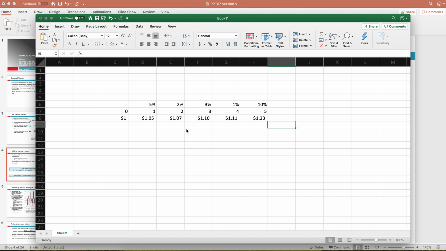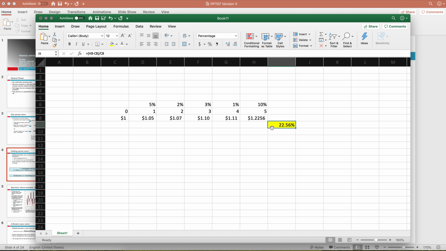The holding period return. Notice that the holding period return is exactly the same.